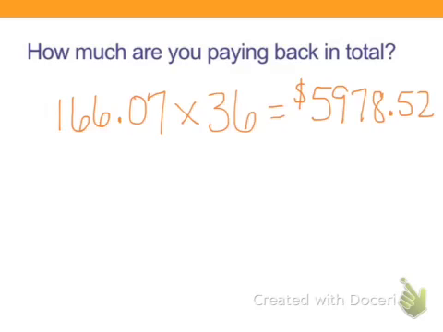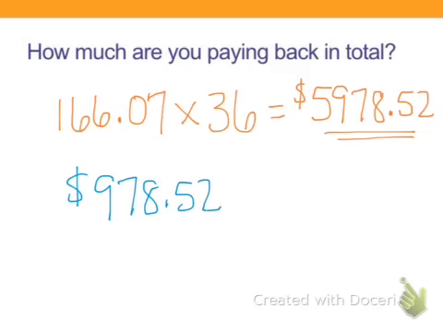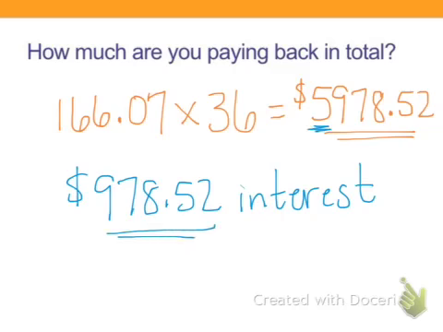Okay, so you can see from this amount that your total is $978 more than what you borrowed. And so you're paying back the $5,000 you borrowed along with $978.52 in interest.